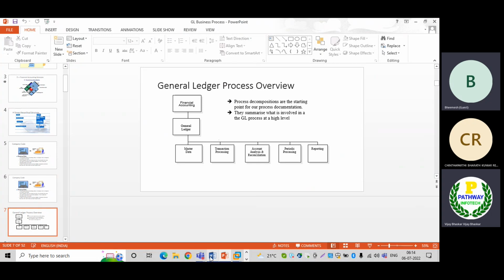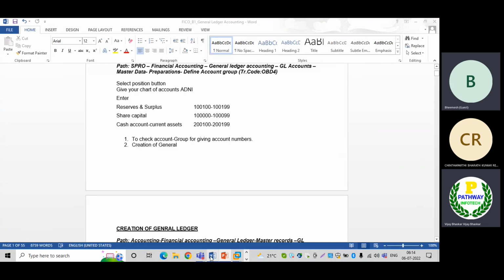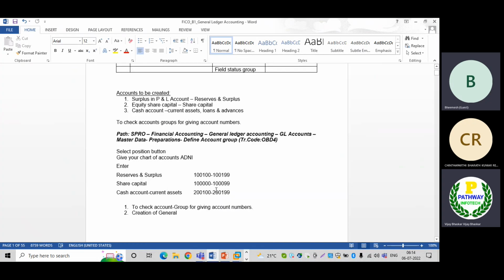As I have explained, in SAP there are three types of transaction codes to create the general ledger master data.